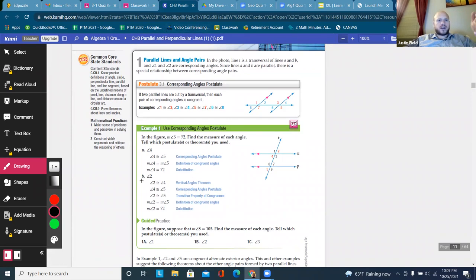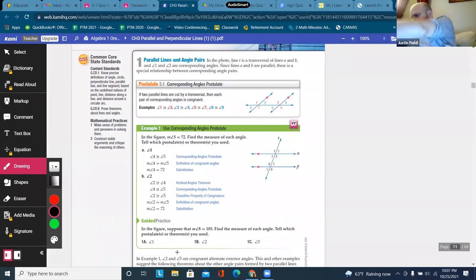So important. Did I talk about that one already? I don't know if I said that already. CAP. Okay, so we've got corresponding angles. We also have the corresponding angle postulate, CAP. Let's write that.